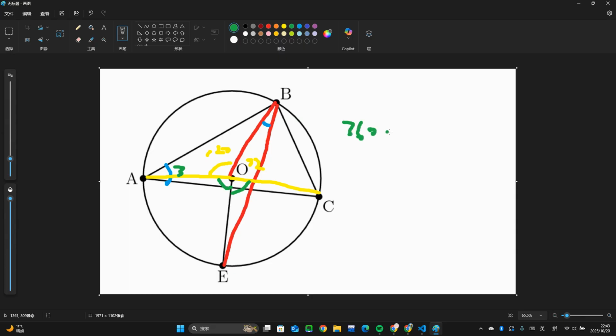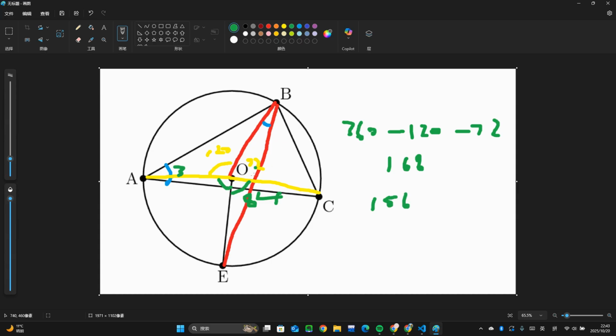360 minus 120 minus 72, which gives us 240 minus 72, 168, I believe. So half of it will be 84. So 84 plus 72 gives us the top angle of this triangle, which is 156.